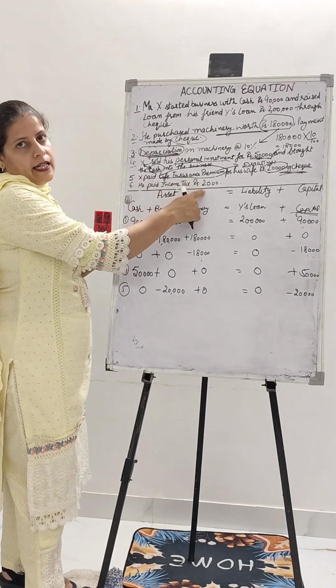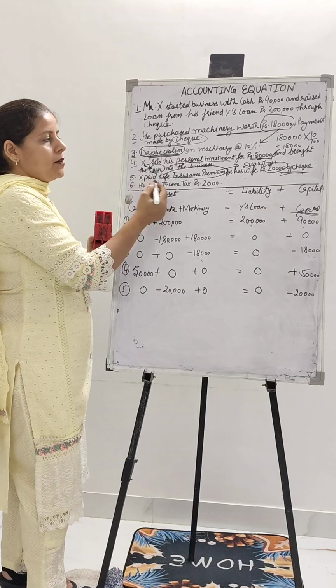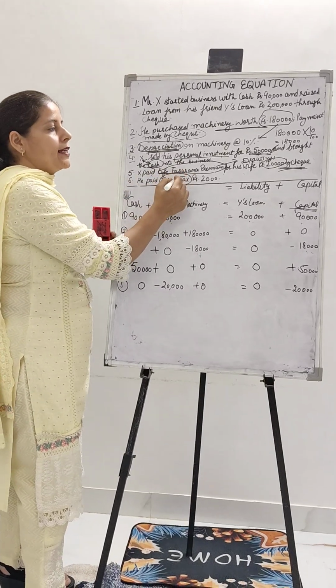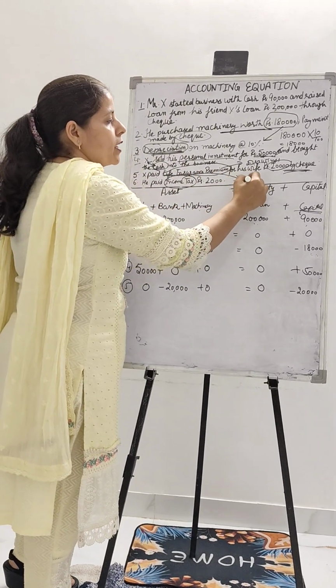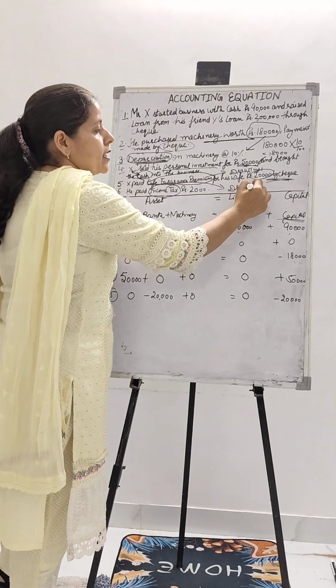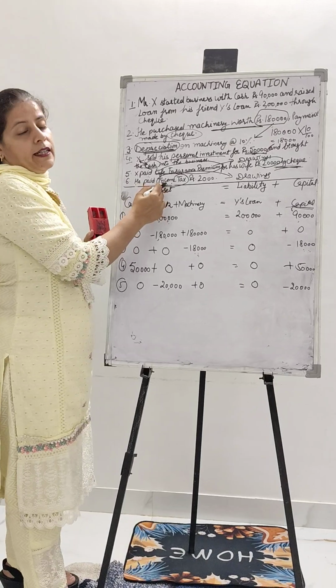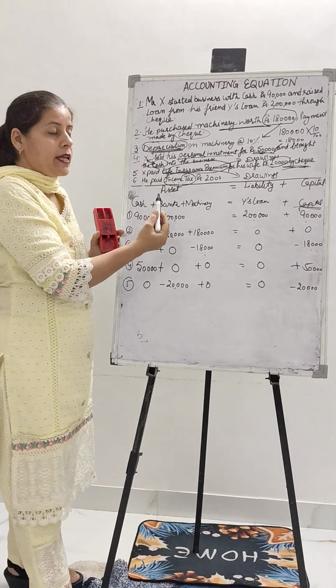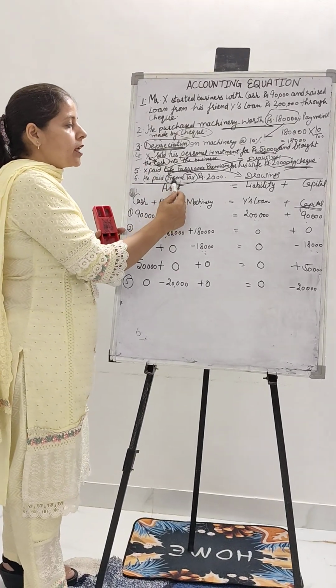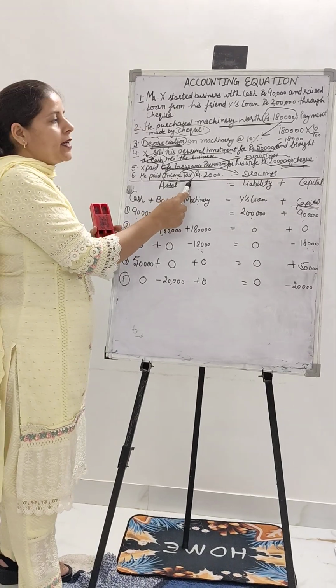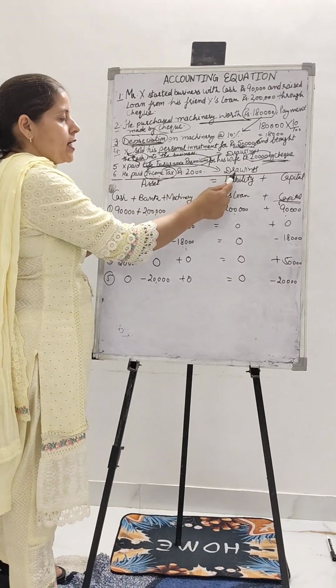X paid income tax. X or he himself paid income tax. Income tax again is drawings because the income belongs to owner, and owner and business here are treated one and the same. So whatever income tax is paid by him is treated as drawings here.